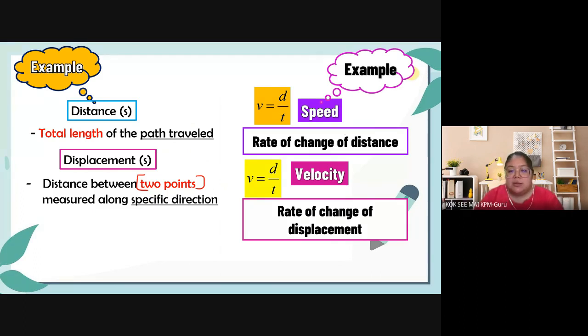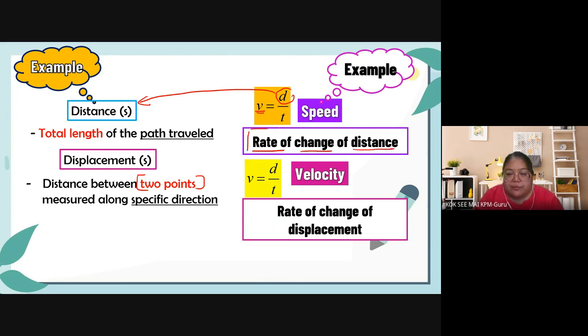Okay, speed 的 formula 是 distance over time. Speed 用 distance over time. Distance 是 scalar quantity. So speed 肯定是 scalar 咯，因为 scalar over time 嘛。So distance over time, so we just say rate of change of distance.